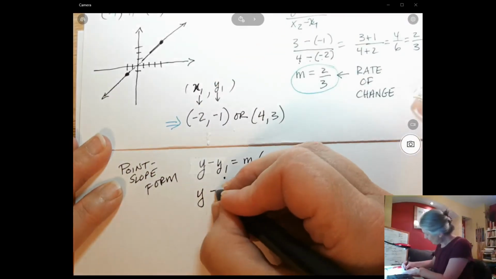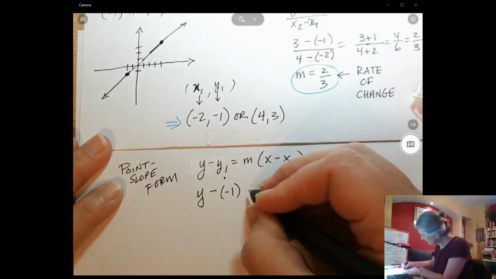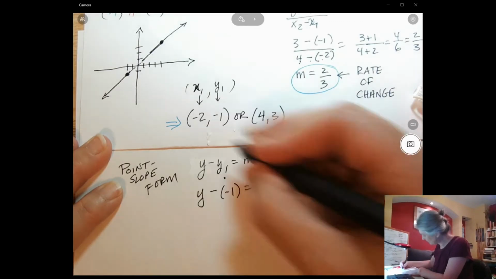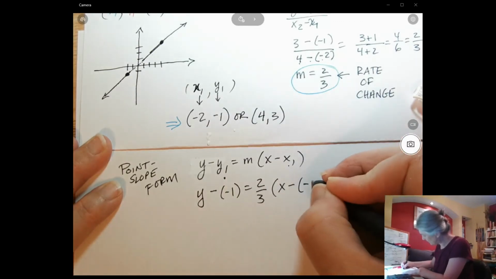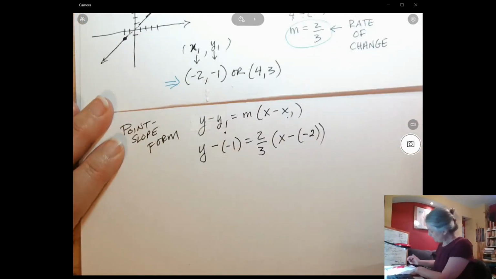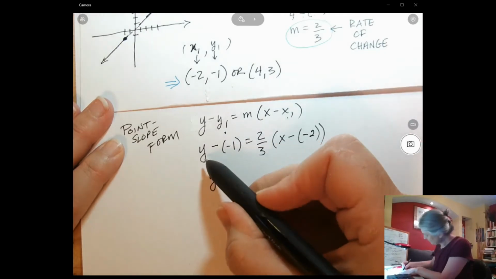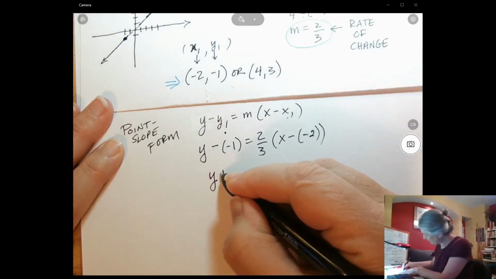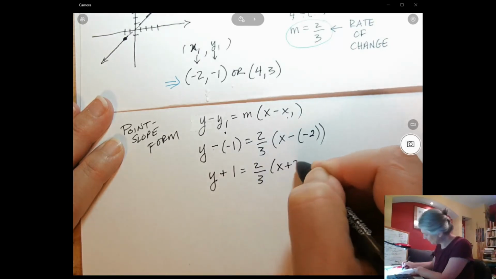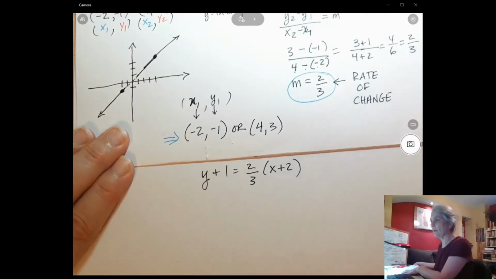So y minus y1, or -1, is equal to 2/3, that's our slope, times x minus x1, which is -2. All right, we have to do a little bit of math magic here, not too much, it's just math. Y minus -1 is y plus 1, which is equal to 2/3 times x plus 2. All right, this is our point slope formula line right here.